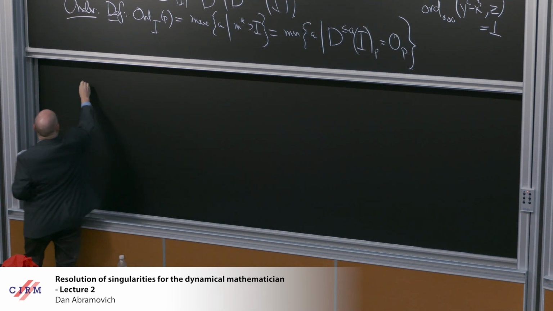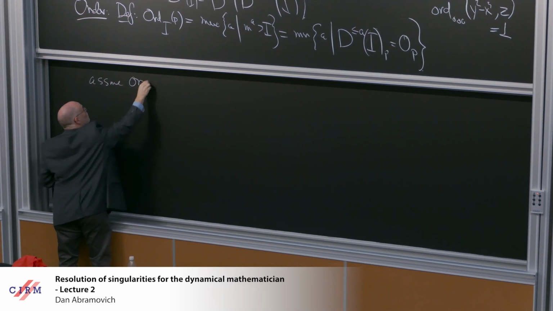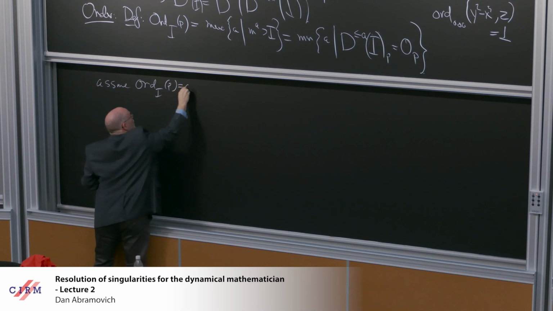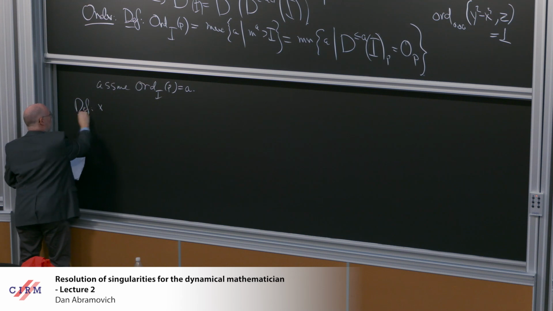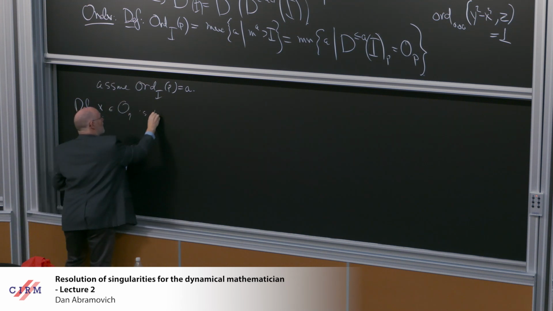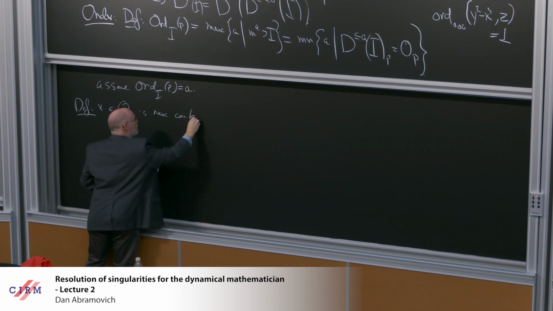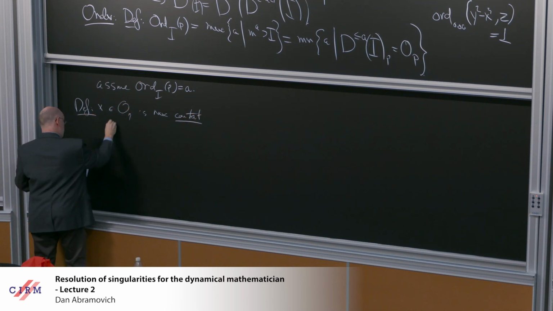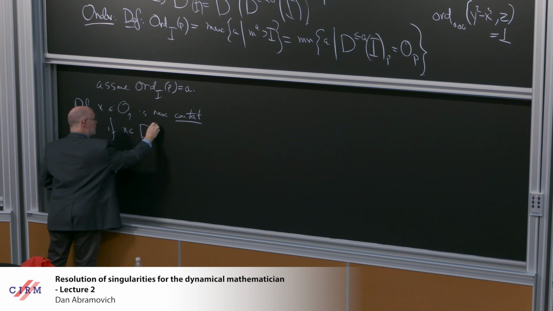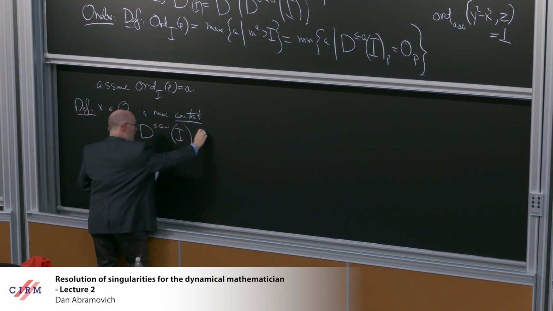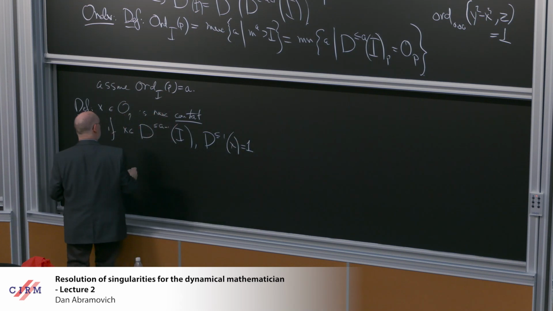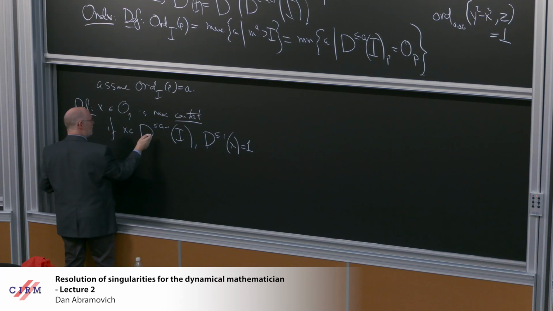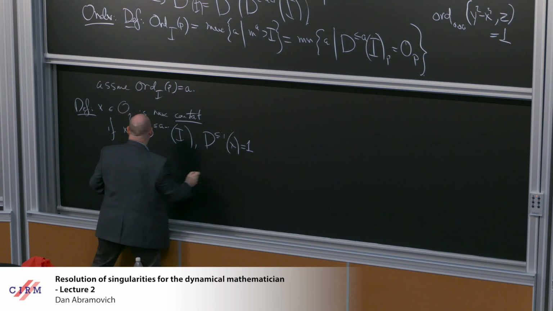Assume the order is A. And then a definition: X in O_P is maximal contact for the ideal I if X is an element in the A minus 1 of I and some derivative of X is a unit. So it's a parameter. I don't want X itself to be a unit.